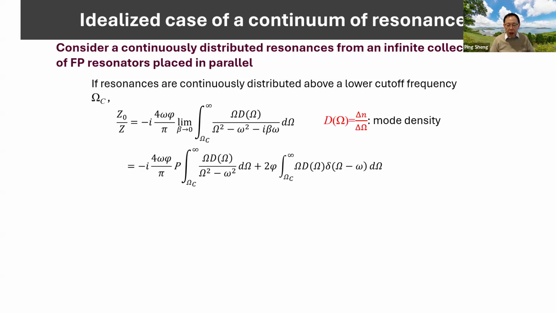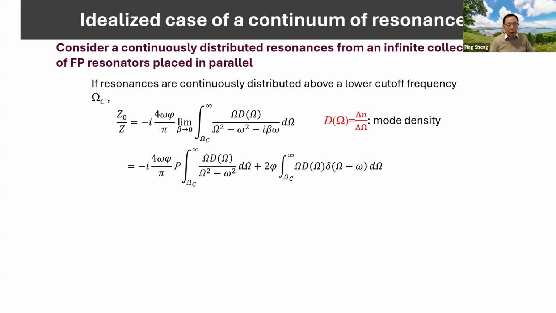It's just an empty pipe with one end closed and the other end open. So we want many of these pipes placed in parallel, facing the incoming wave. So let's regard these resonances as a continuous distribution, as an approximation. You know, that's the idealized case.